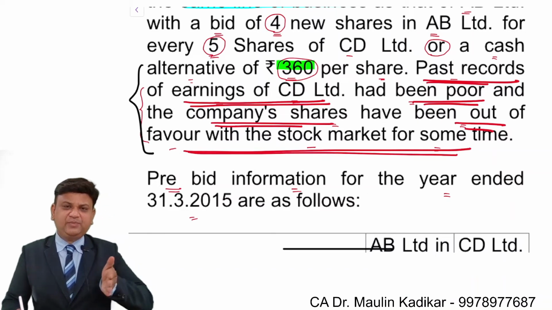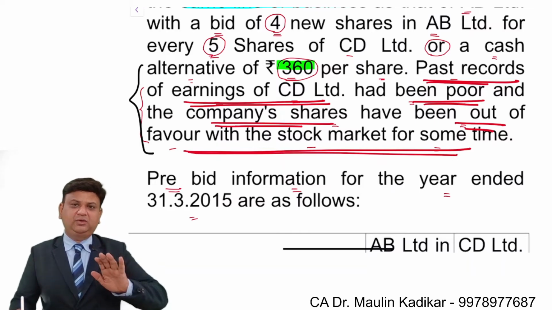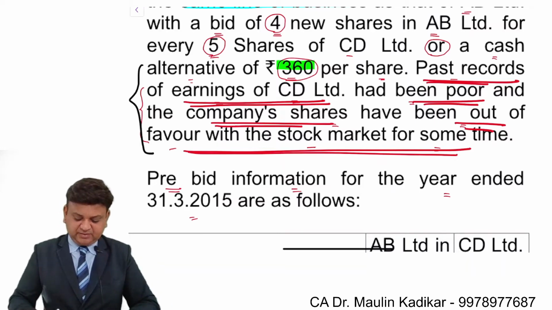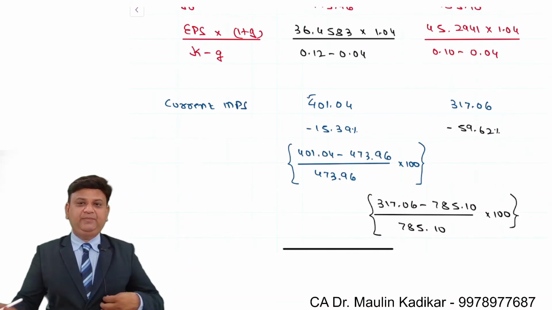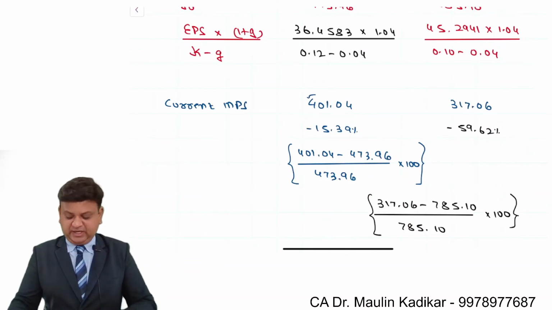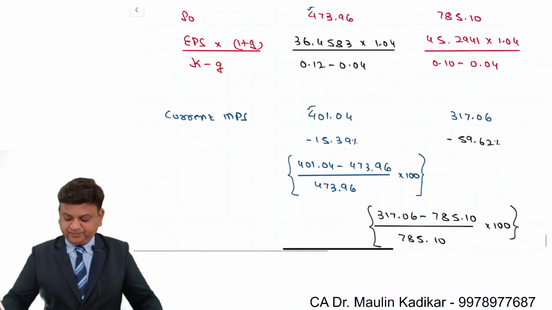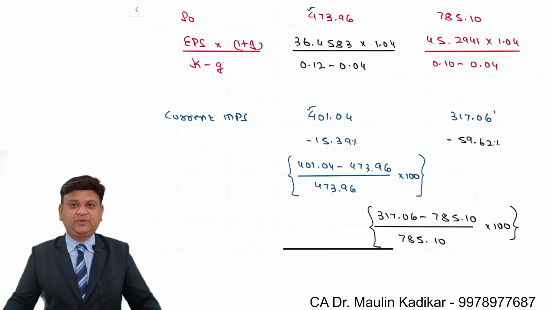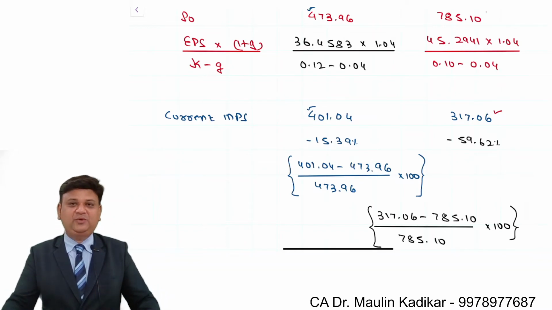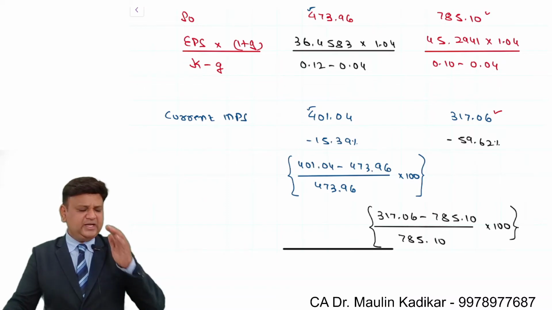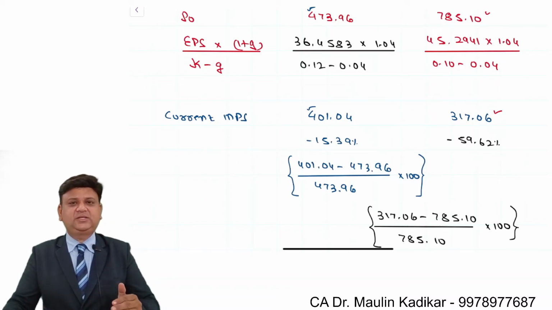So the recent performance of the company is not good. That is the reason the media reports are criticizing CD Limited. And because of that, the price of the security is substantially less. It is only 317.06 in comparison to its fundamental value of 785.10. Like that, it is substantially underpriced.